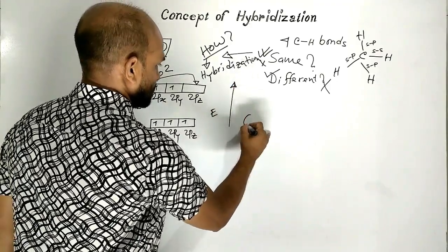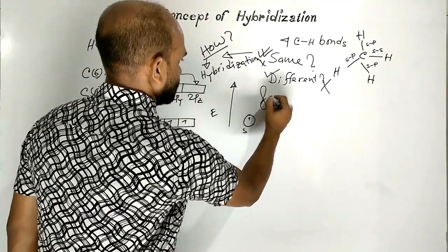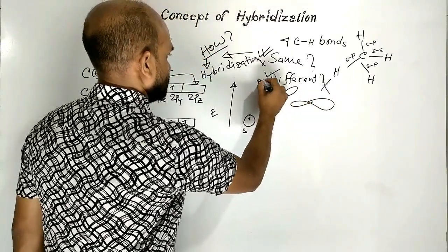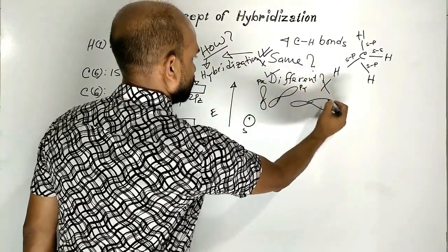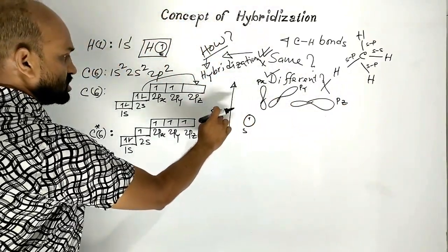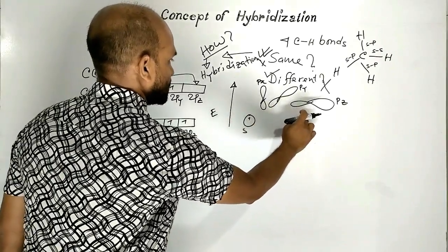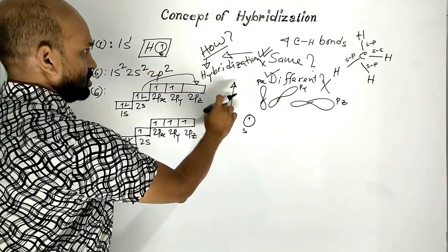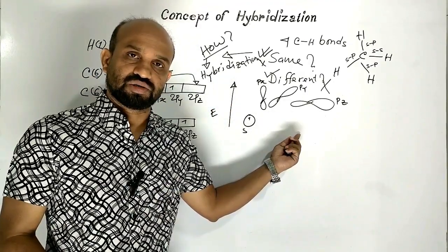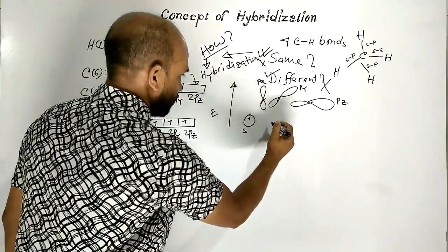Energy: the s orbital with one electron, and the p orbitals px, py, pz. The orbitals have different energy: the s orbital with lower energy, the p orbitals with higher energy. Now we are going to know that the four carbon-hydrogen bonds in methane are the same.